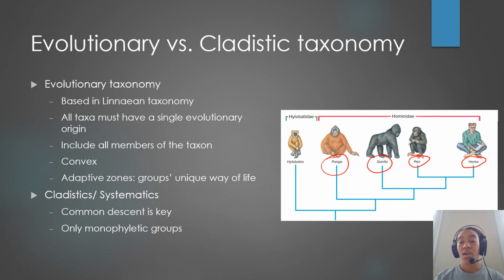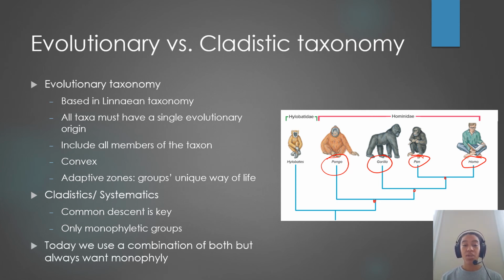It includes common ancestors and all of the descendants. Whereas from an evolutionary taxonomist perspective, it excluded humans and gave us a paraphyletic grouping. So in cladistics, monophyletic groups are the only valid groups.